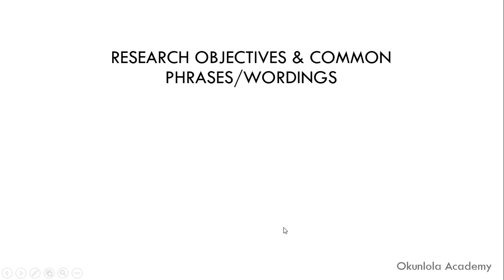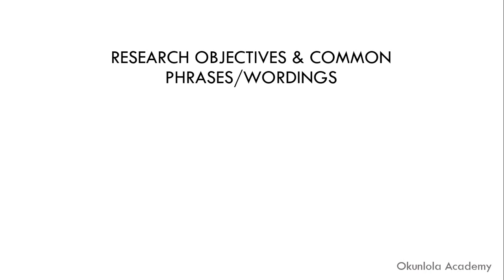And today we are going to be looking at research objectives and common phrases and wordings that are often used in research objectives. Recall in our last tutorial where we examined chapter 1 and we focused on statement of problem.